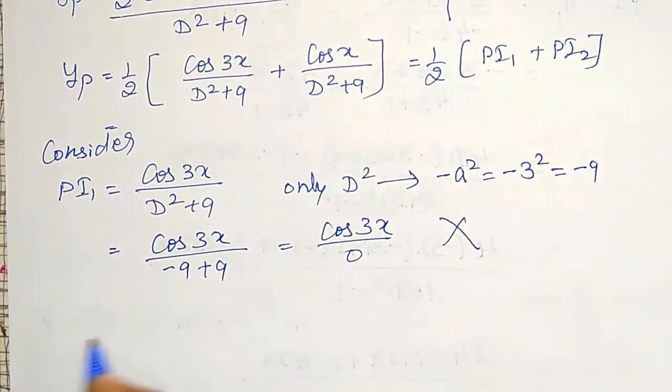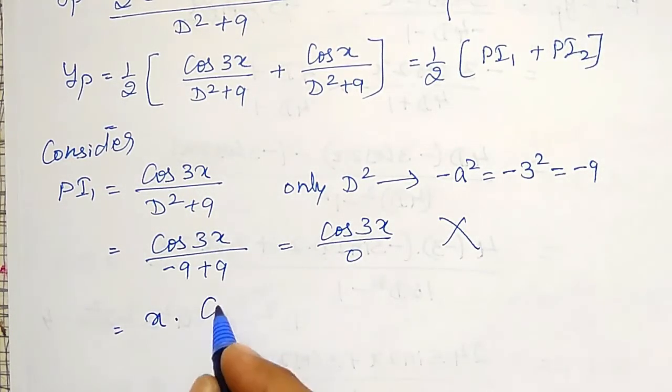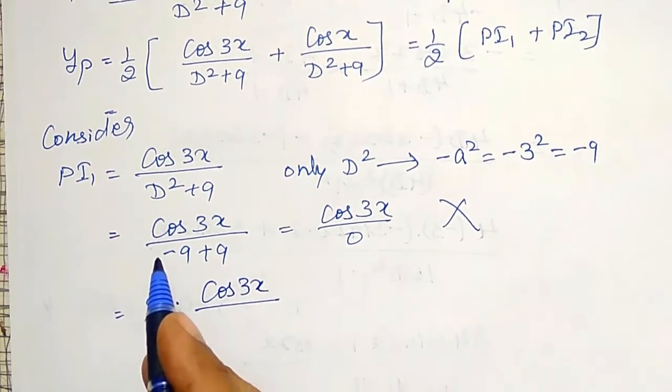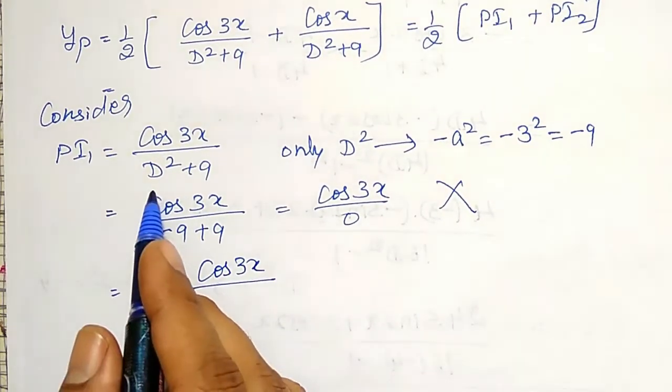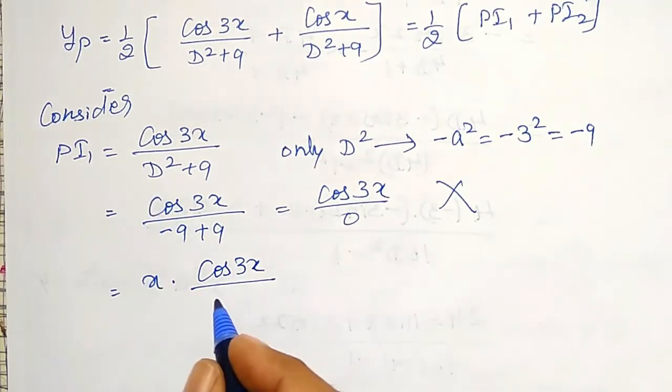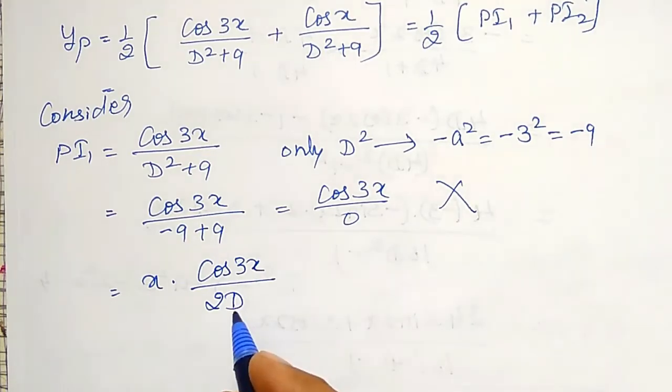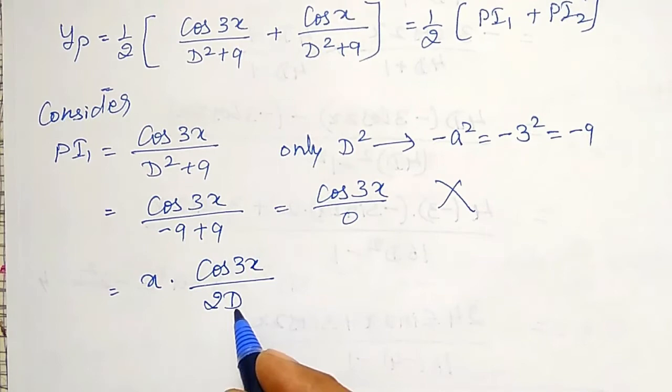That's why I will multiply by x into cos 3x divided by the differentiation of the denominator D square plus 9. Differentiation of D square with respect to D will become 2D plus 0. And we know that 1 by D is nothing but integration, the inverse differential operator.